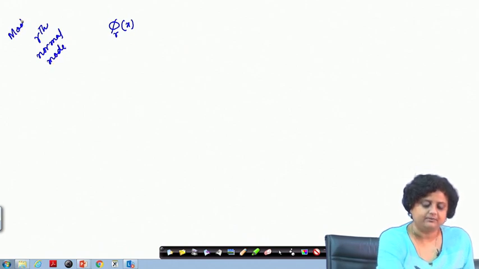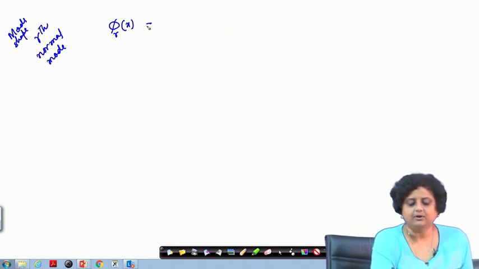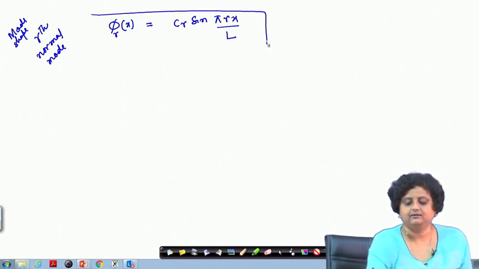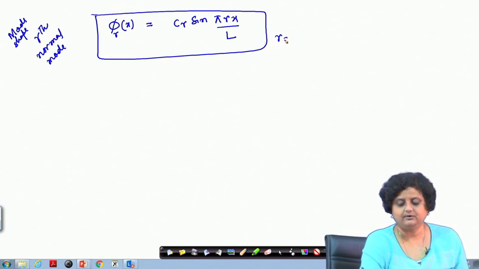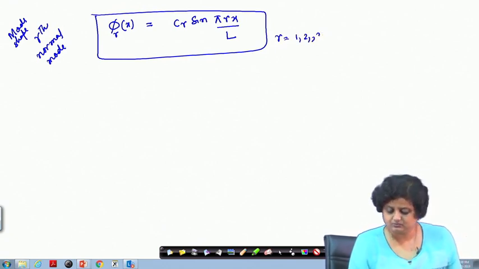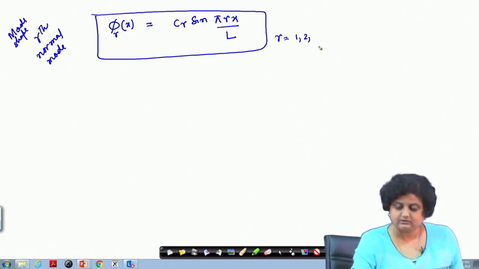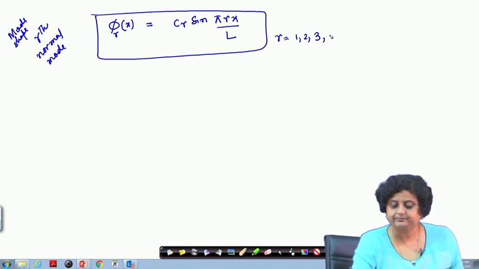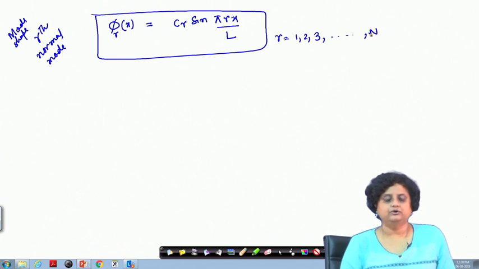Mode shape for rth normal mode is C r sin pi r x by L, where r is equal to 1, 2, 3 and all the possible integer values. So, this is the mode shape.